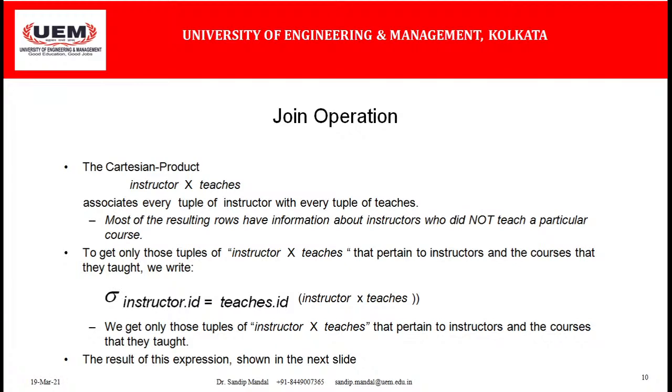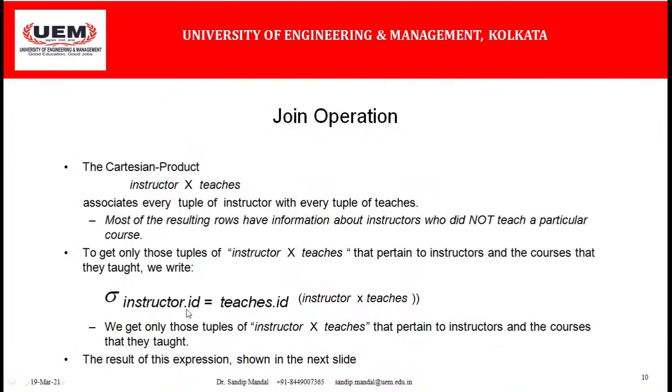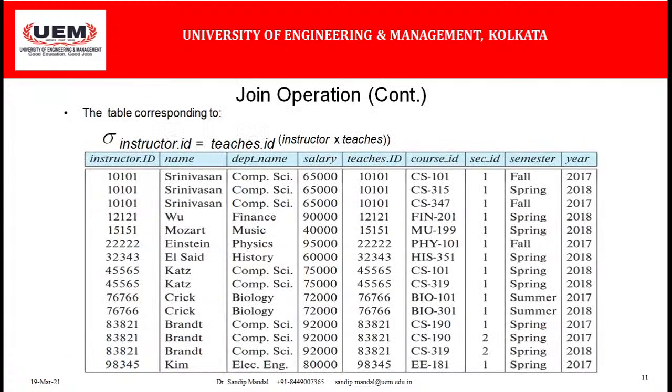Got my point? First you calculate the Cartesian product, instructor cross teachers, and you get this particular result. From this result, where the instructor ID is mapped with the teacher's ID, if the instructor ID and the teacher's ID are completely equal, select only those tuples as the result of the join operation. And this particular type of join is considered the natural join operation. So these are the values.